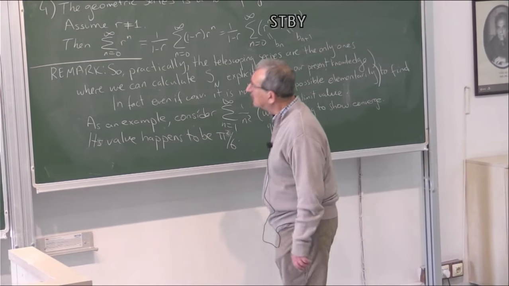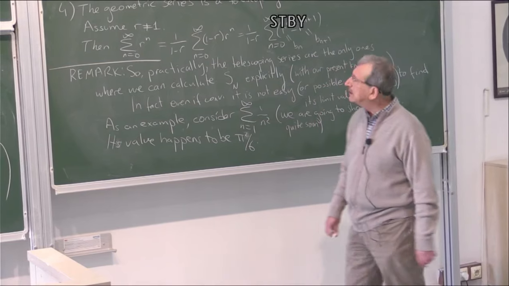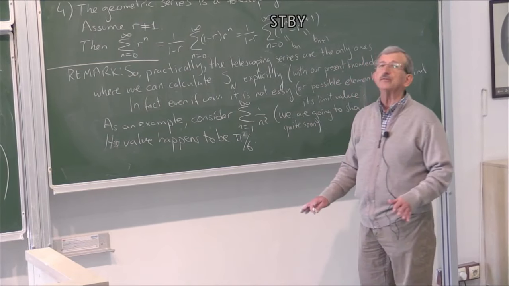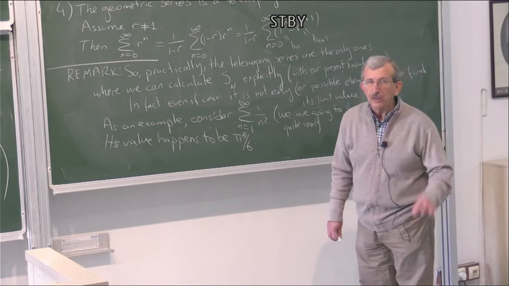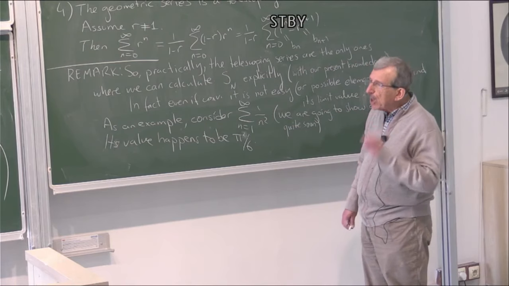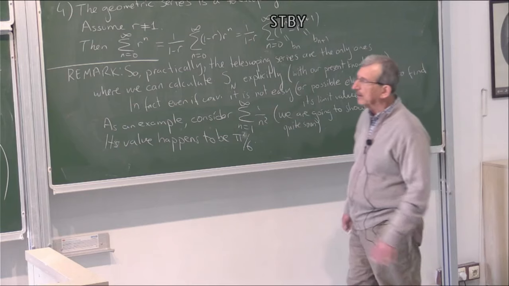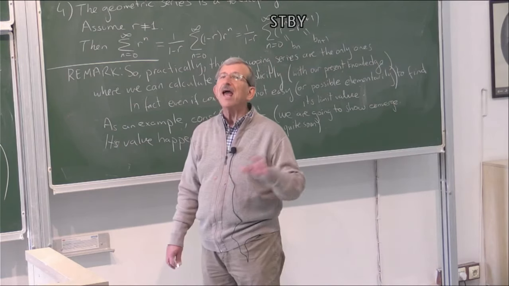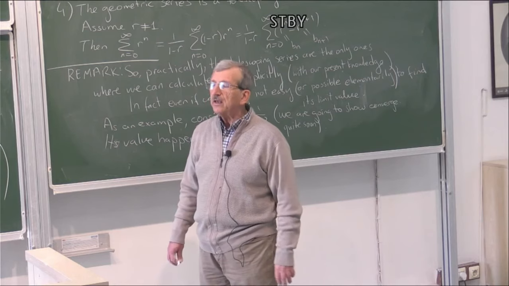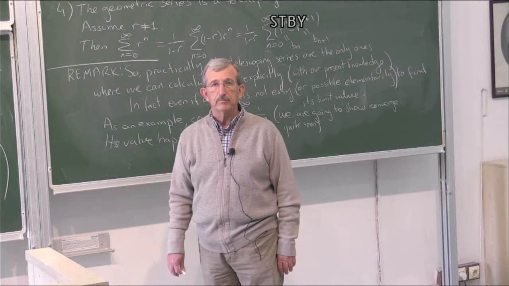So the next best thing we can do is show that it is convergent. Forget about what the value is. If we know it is convergent, by taking sufficiently many terms and adding them together, we can get approximations to the limit value.